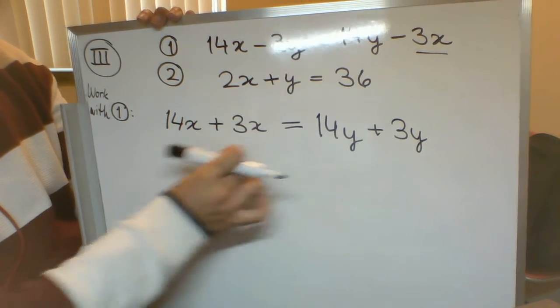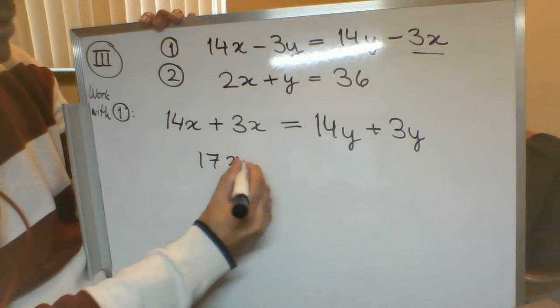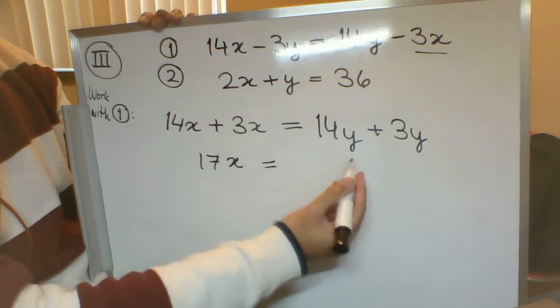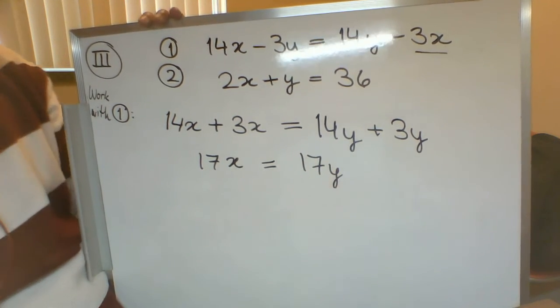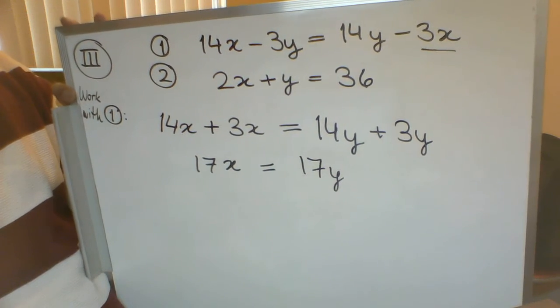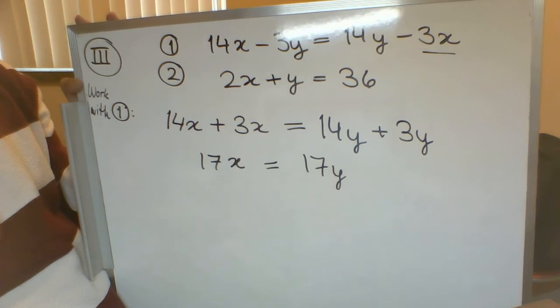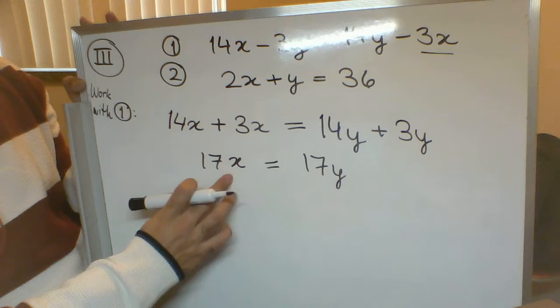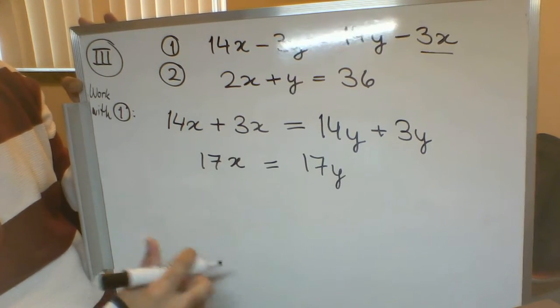Now let's do the addition. We've got 14x plus 3x, that's going to be 17x, is equal to 14y plus 3y, that's going to be 17y. So this looks kind of promising, already a lot simpler than the starting equation, but let's see if I can get rid of this 17, then I would have just x is equal to something on the other side.